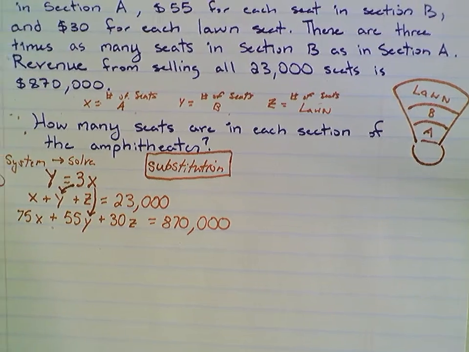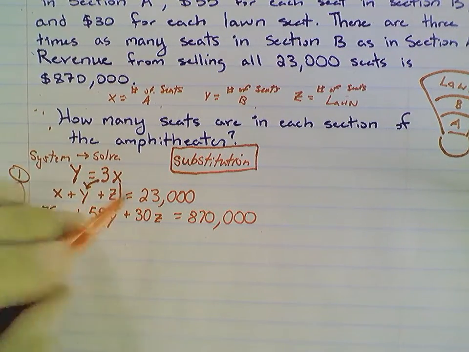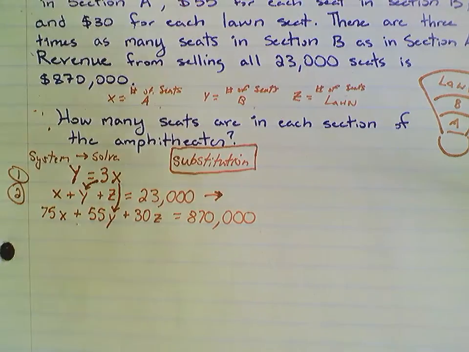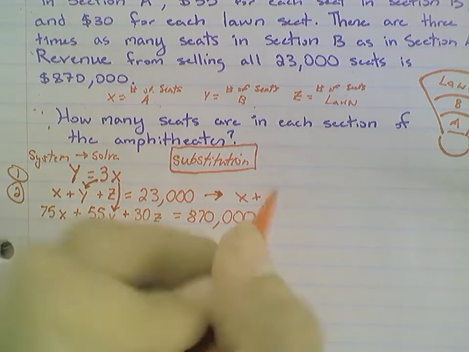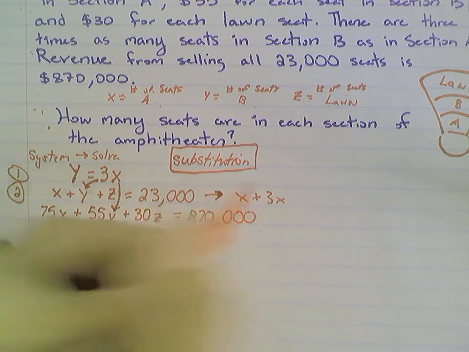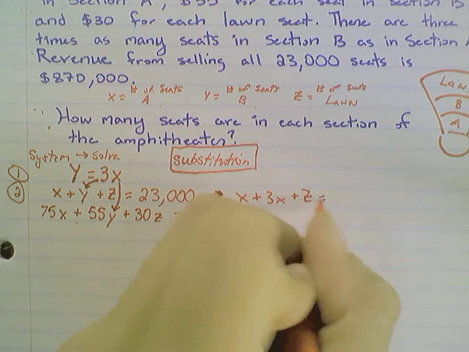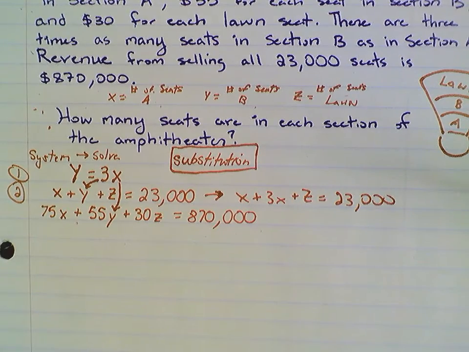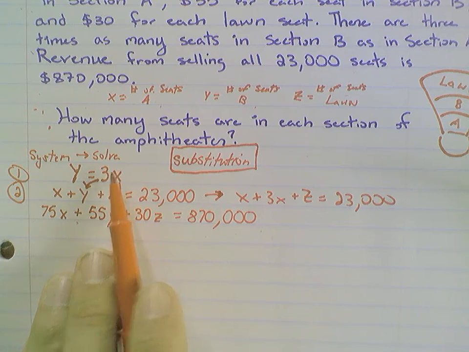So for instance, my second equation will end up becoming x plus 3x plus z equals 23,000. All I've done there is take the y out and replace it with the 3x.